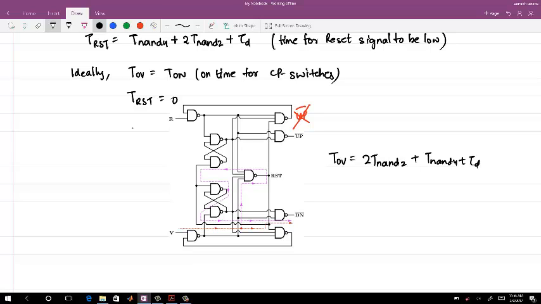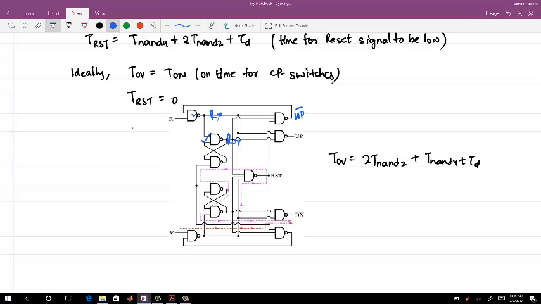Okay, so think about it. Let me write it with a different pen. This was the previous up bar, right? Now when the previous up bar changed, in response to that, this NAND logic is going to change, right? Meaning with the previous up bar, this NAND output Rx will change, and then your Ry will change, right? So you actually added another 2 NAND gate delays to the overlap time.